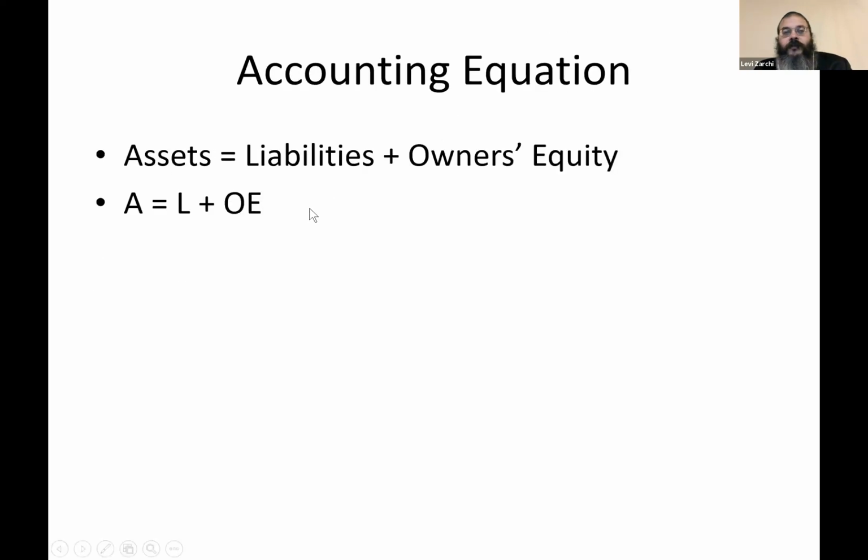Owner's equity is what the owner has in the company. So when you make a debit to an asset, the liability will be the credit, because that's the opposite side of the equation. If you borrowed money, it had to go up. And it makes sense because when the liability goes up, you also owe money. And owner's equity also goes up.